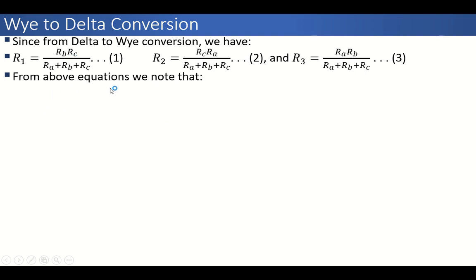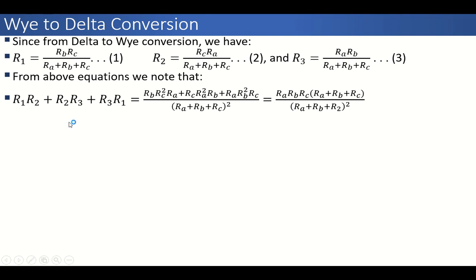So from the above equations, we note that if we multiply R1 and R2 and then add R2 R3 plus R3 R1, this will be RB RC square RA plus RC RA square RB plus RA RB square RC divided by RA plus RB plus RC whole square.